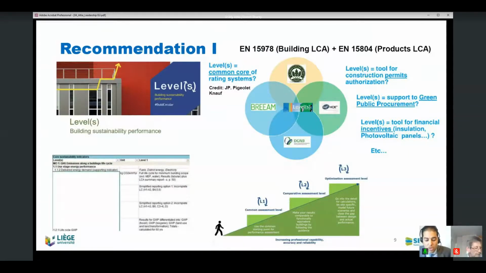Despite that it is not addressing aspects of circularity, it can be considered as a vehicle or a lever to make sure that on the European level there is an understanding of the different aspects of circularity, and it will be very beneficial if the Level(s) framework can be translated into rating systems, local national rating system, or coupled to existing ones in relation to green public procurement and to circularity.